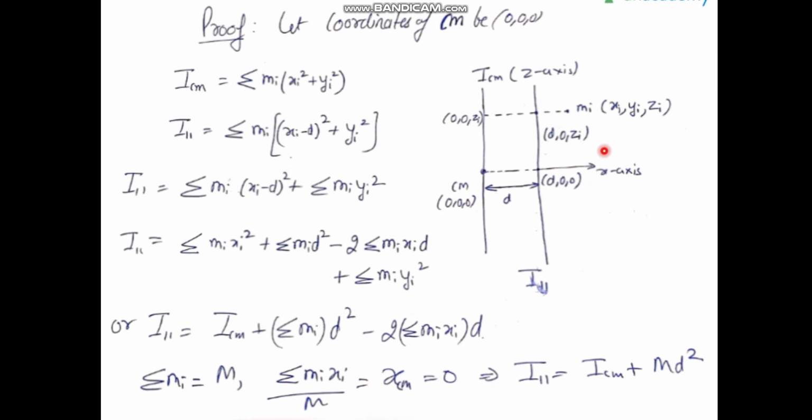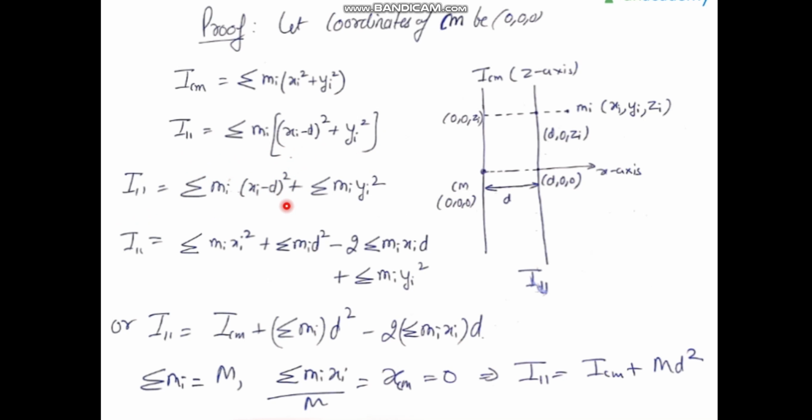And if I calculate the distance of xi, yi, zi from d, 0, zi, it will be (xi minus d) whole square, (yi minus 0) whole square, plus (zi minus zi) whole square. So it will be mi into (xi minus d) whole square plus yi square. So I parallel will be the summation of this. Now I open this up. I parallel will be the summation of mi into (xi minus d) whole square plus summation mi into yi square.